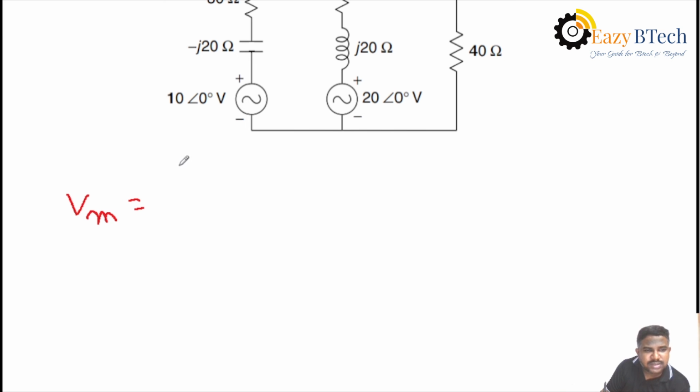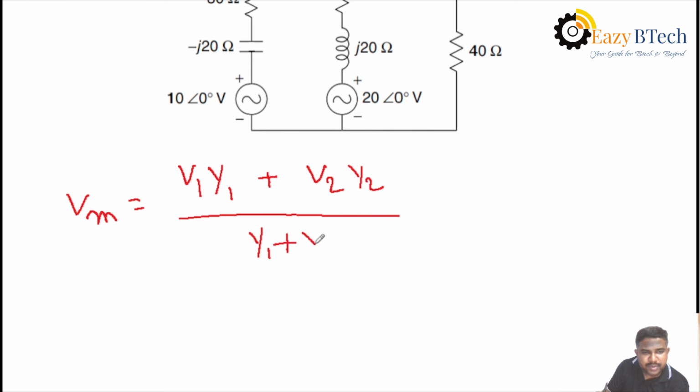For Millman's voltage, in the given problem, we have two sources, that is V1 and V2. What is the formula here? The reverse of impedance is Y, that is admittance. That's why the formula is V1 Y1 plus V2 Y2 by the admittance value Y1 plus Y2.